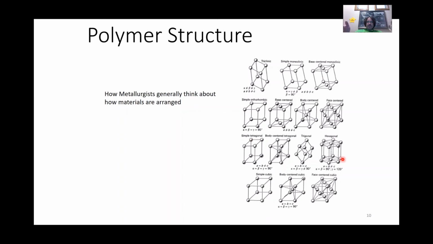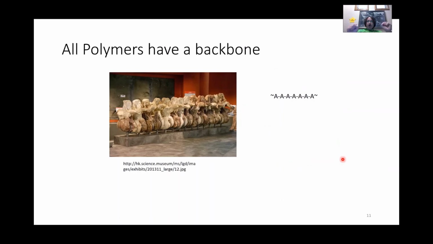This is generally how we think material is structured. Polymers are structured a very different way. The first thing you want to take home about polymer structure is that all polymers have a backbone. And that right away differs them from anything metallic.